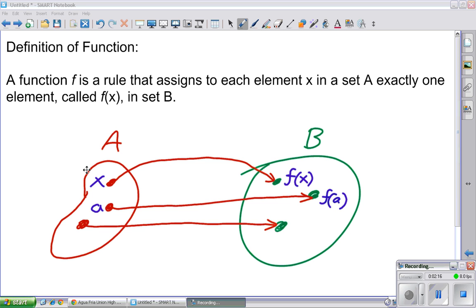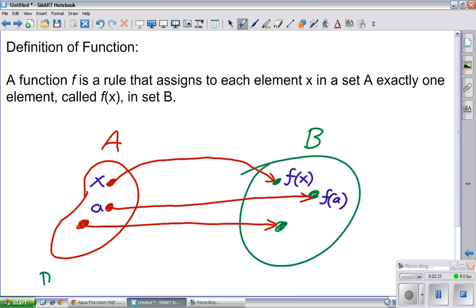All of these elements over here in the set A, these are called the domain. And then all of this in this case set B, this is the range.